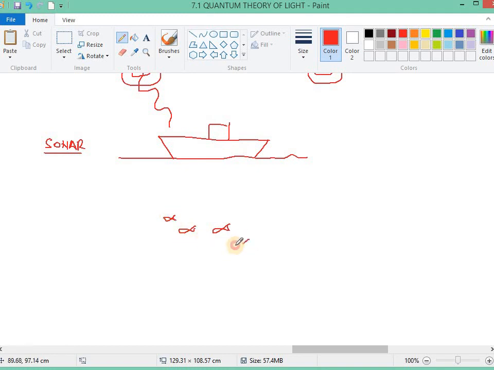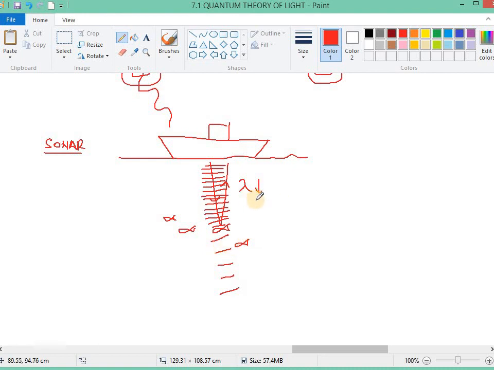So they have to use sound wave of short wavelength. The wavelength of the sound wave must be short. Then only it can be reflected by the fish and can be detected. If the wavelength is long, then it will diffract and just pass through the small fish. So it cannot be detected, because the wave did not reflect from the small object.